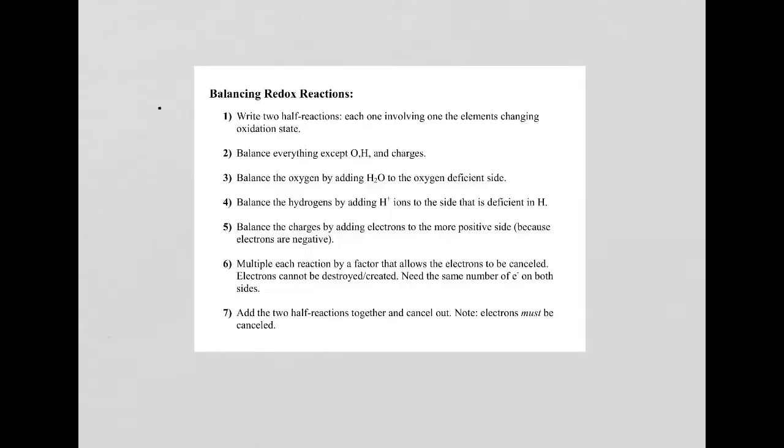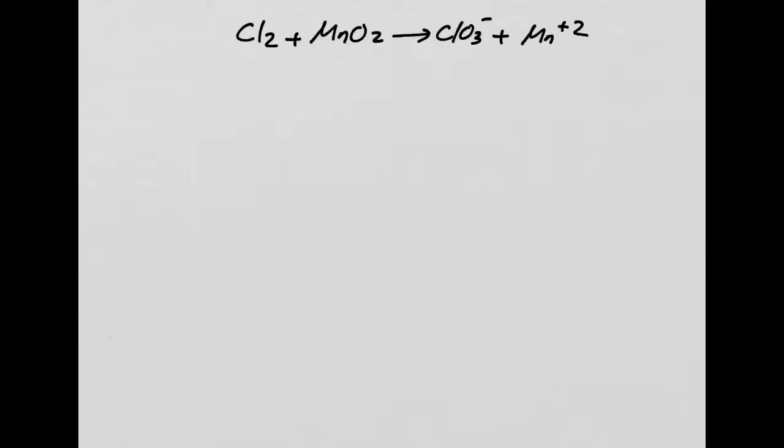Okay. So here's again the balancing redox reaction. These are the rules. Hopefully you have them down by now. Rule number 1, write 2 half reactions. So I'm going to write 2 half reactions. And that is my Cl2 going to ClO3 minus, and MnO2 going to Mn2+.